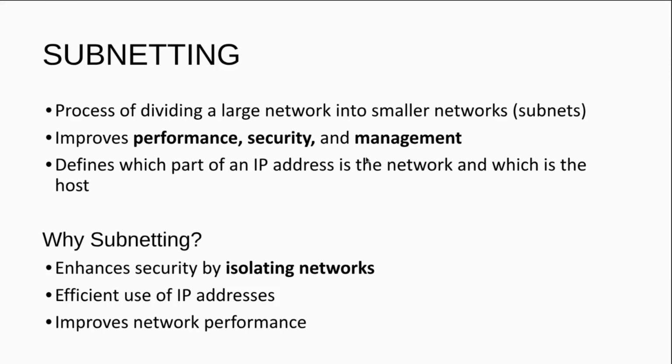It defines which part of an IP address is the network and which is the host. Why is subnetting required? Subnetting enhances security by isolating networks and improves efficiency among the network devices. It allows efficient use of IP addresses, because unused IP addresses can be assigned to other devices on the network, and it improves network performance and does not overload the network with IP addresses.